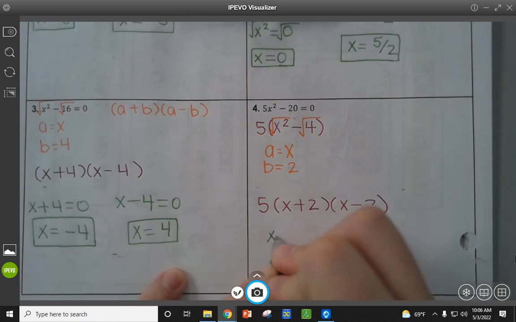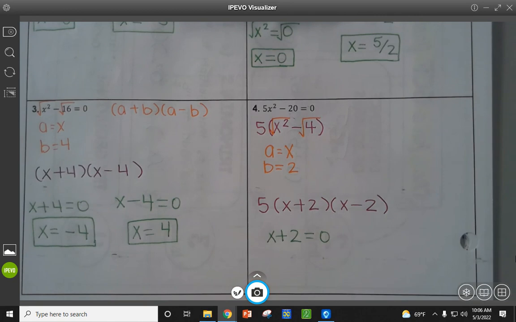So I need to do x plus 2 equals 0. I think that's the last one. And how would I solve for x? Minus 2 both sides.